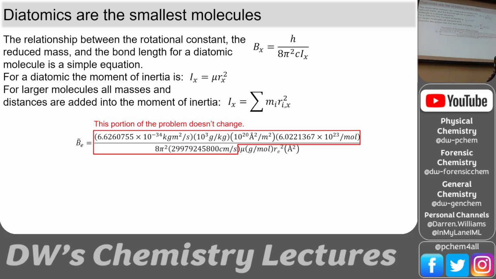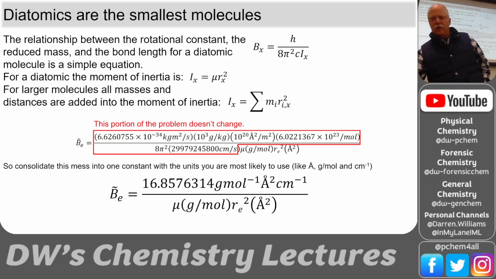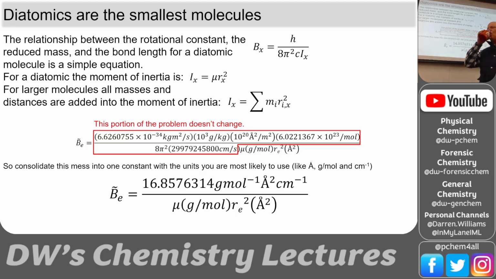And so this is just a really nice consolidation of the rotational constant. The 16.8576314. That's all of the NIST numbers as far out as we know them, and then you can use the reduced mass and the bond length in terms of angstroms and grams per mole. So that's always a good thing to have for your note card.